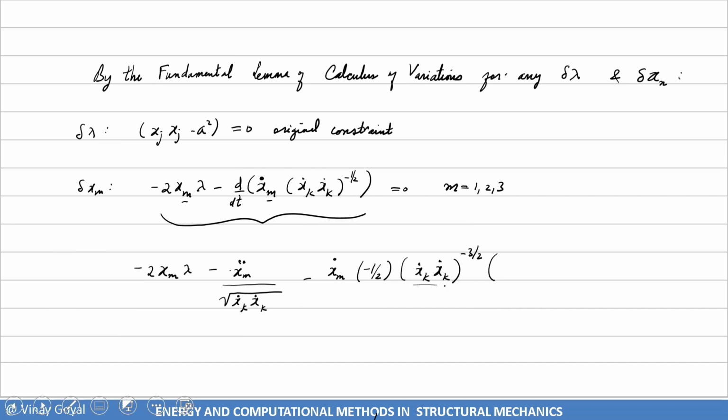So that's a product rule again. So that's xk double dot xk plus xk dot xk double dot. So hopefully you can see all that happening. And this is equal to 0.